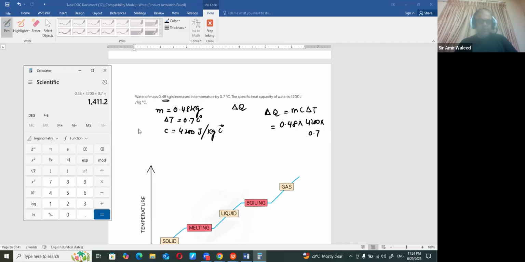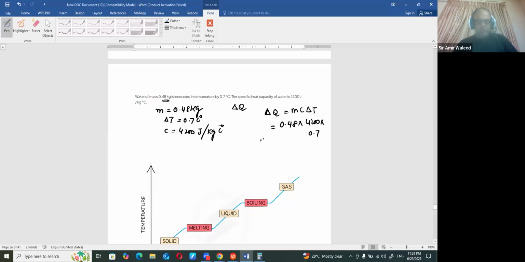It's 1411.2 joules. This is the amount of heat energy required to give a temperature change of 0.7.